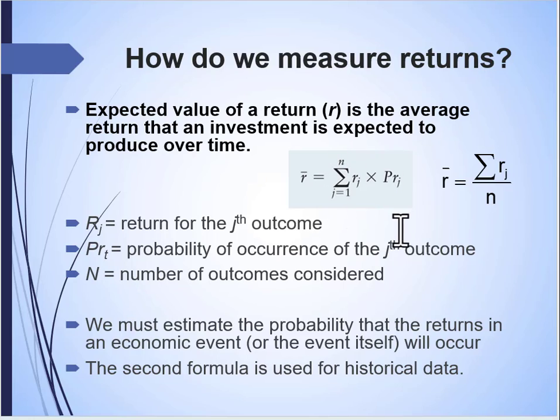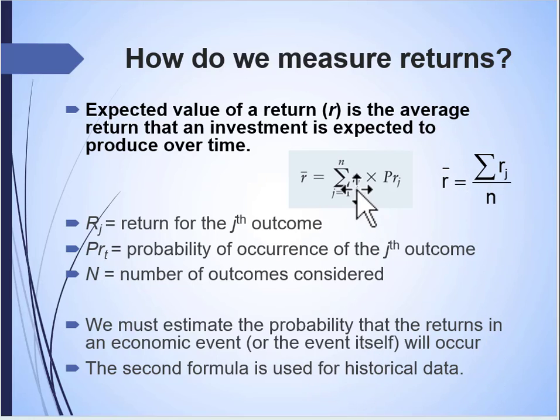We'll see an example here in a second. Now we can also do this with historical data. So if you do the rate of return every year for the last 50 years and divide that by 50, you'd have the average rate of return per year. This is a predictive model, and this is looking at history, right?